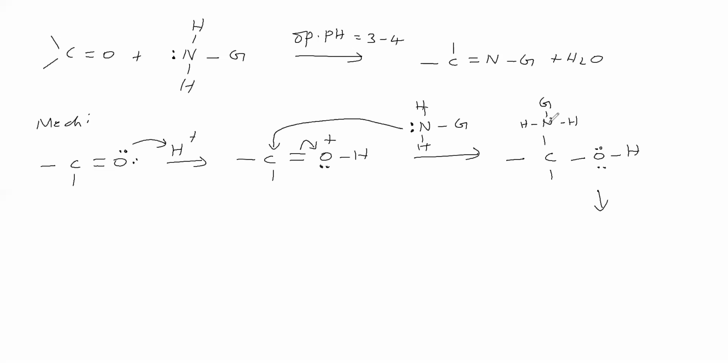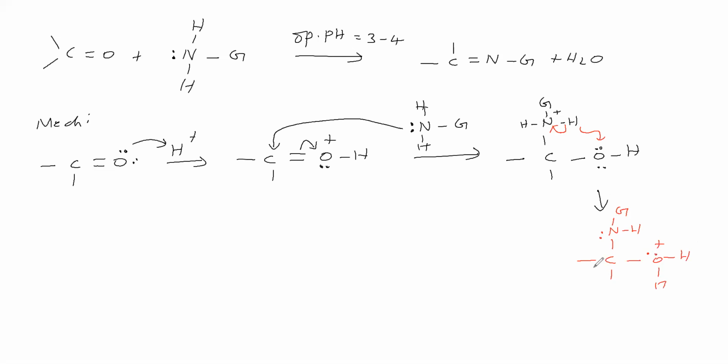N has a positive charge here, so this bond becomes a lone pair and this H plus goes to this place, so we get NHG. N has one lone pair and this oxygen, H2O, has a positive charge.